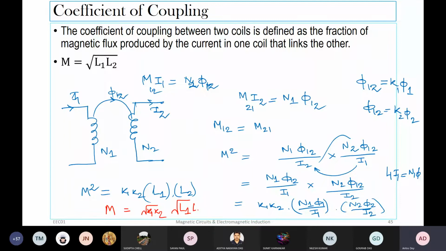So mutual inductance is proportional to root of L1, L2. Now when K1 is fully coupled, there is nothing left with the self inductance. This is the ideal situation, then we can put K1 equal to 1 and K2 equal to 1, so we get M is equal to root of L1, L2. Okay.